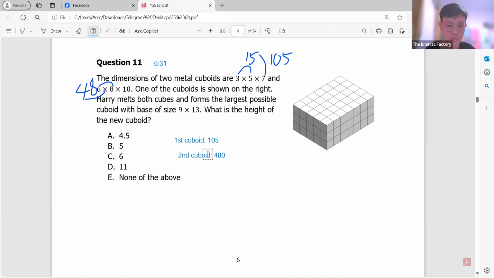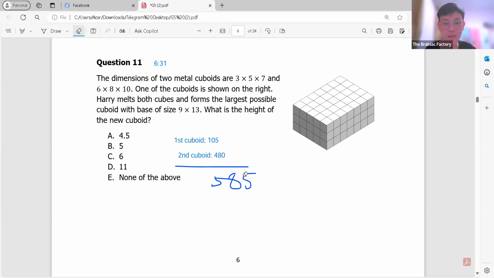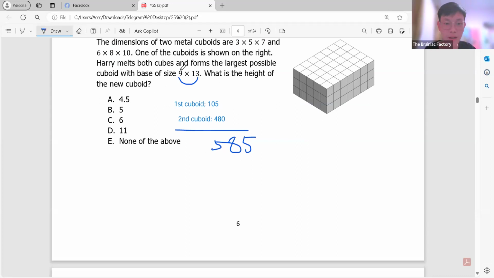So we're going to sum this up, which gives us 585. Note that all the dimensions are written as a multiplication, so we're going to write the new dimensions as a multiplication as well. We already have the size of the base, so we're going to divide the total volume of the new cuboid by this.